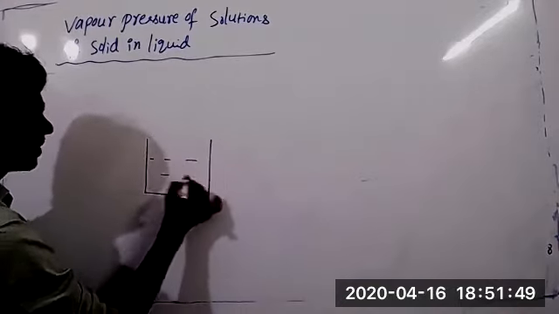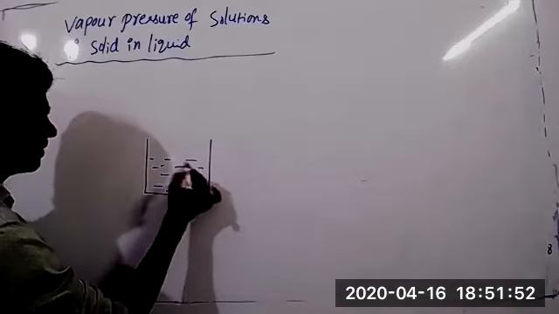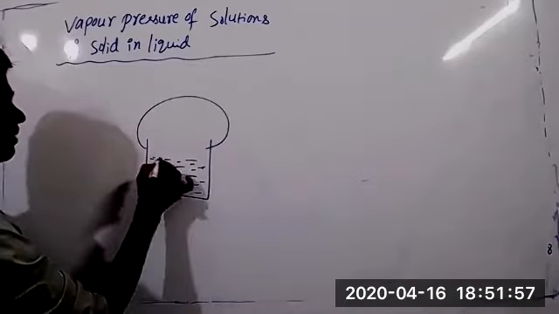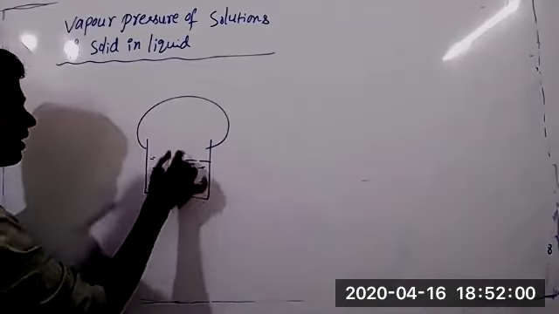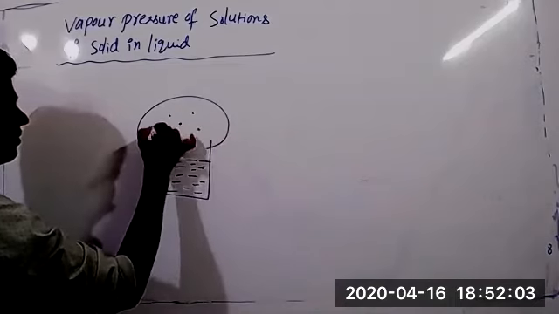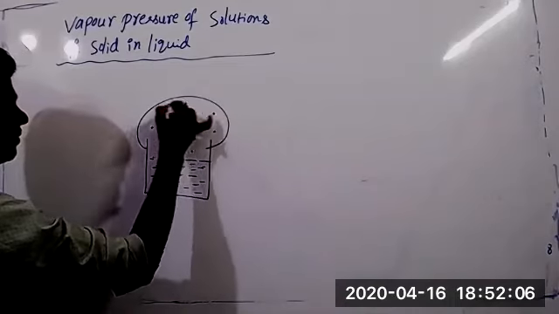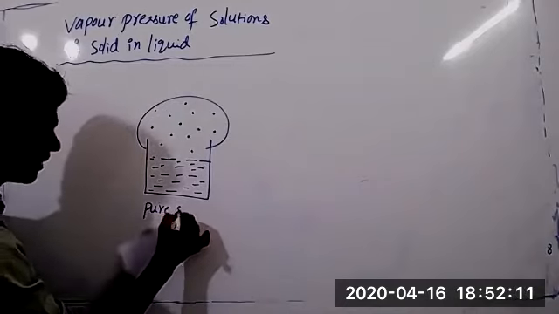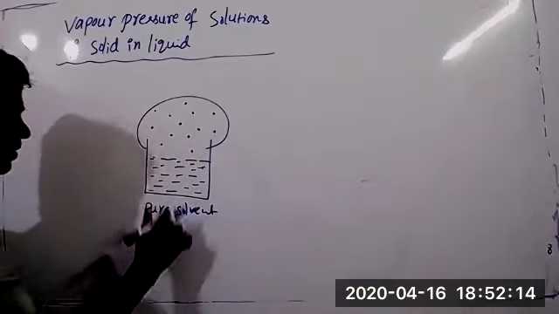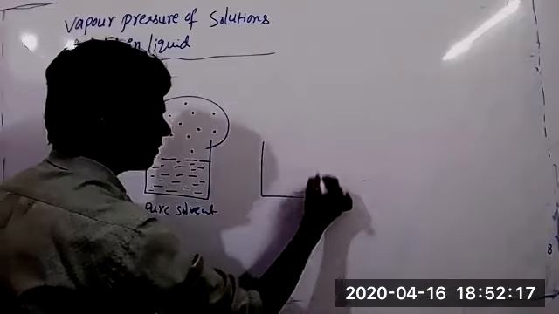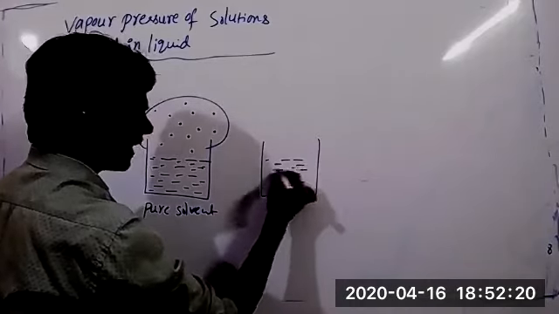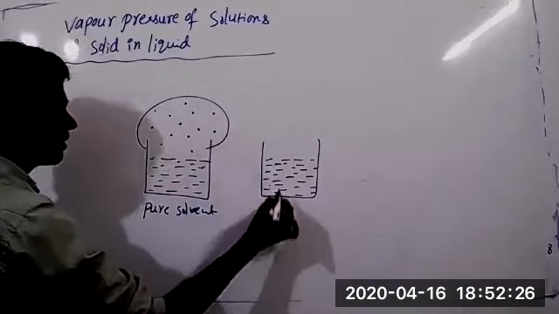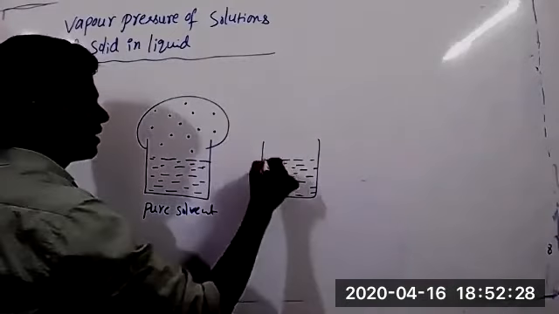This is a pure solvent, you may take a volatile solvent. This pure liquid causes some vapor pressure. To this pure solvent, we add some non-volatile solutes like sugar, glucose, fructose, urea, such types of compounds.